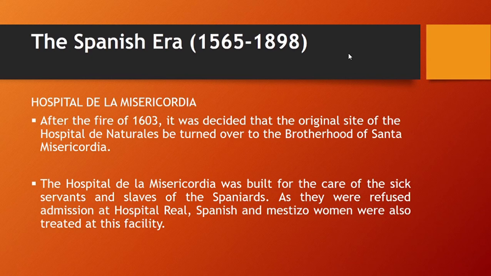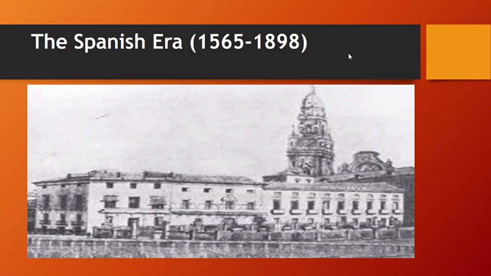A small infirmary in Bagong Bayan began operations in 1643, which became known as the Hospital de San Juan de Dios, which is up to now functioning. So the Hospital de la Misericordia is what we call right now the Hospital de San Juan de Dios. So this one is the San Juan de Dios.